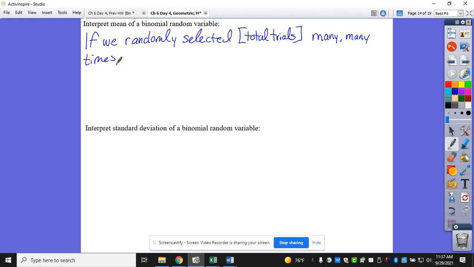Then what? So think about our sentence from interpret mean. We expect is what I use. Same thing, but the word I usually use. About what? So what's going to go here? Average number of successes.